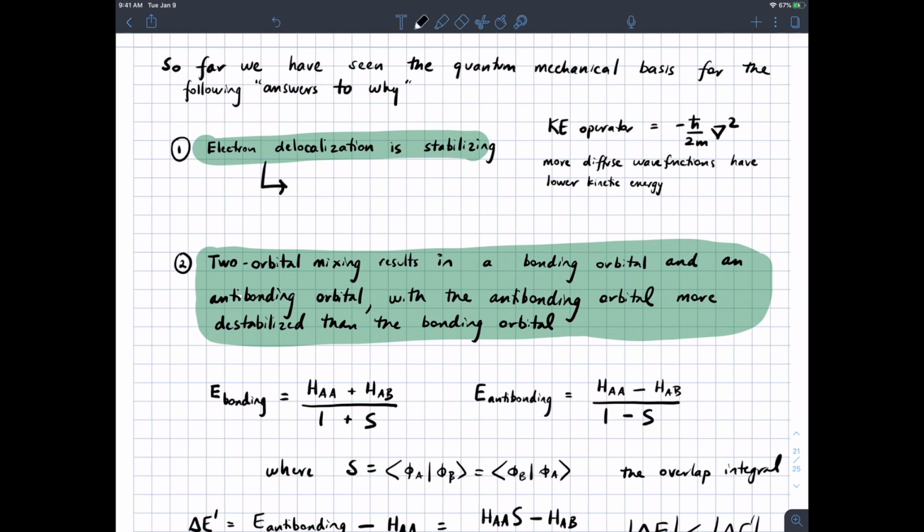Another principle that comes from this that we didn't necessarily talk about is more nodes in an orbital. More nodes equals higher energy in general.